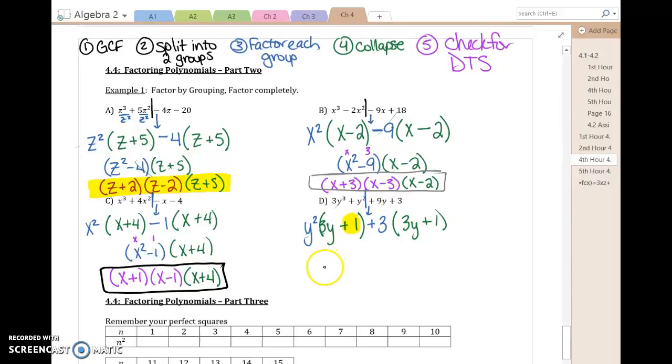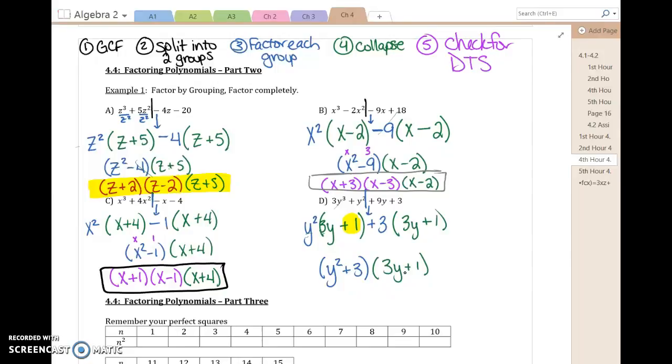So our factored form is y squared plus 3 times 3y plus 1. Is that answer completely factored? It doesn't appear to be because there's still y squared in one of the parentheses. But do we have a pattern called the sum of two squares?